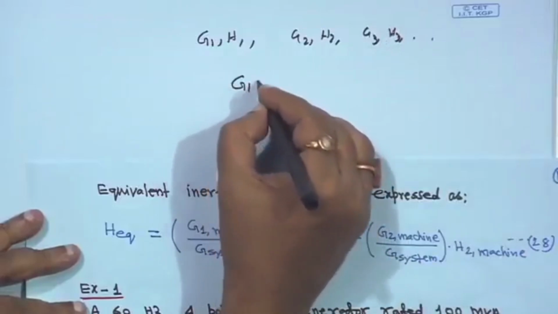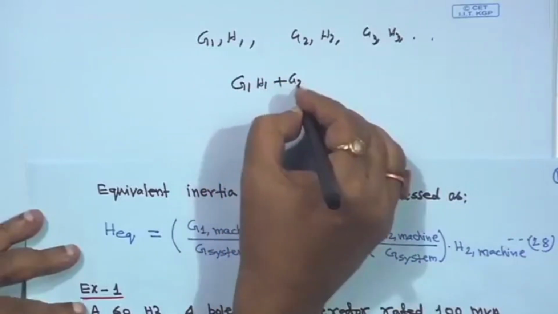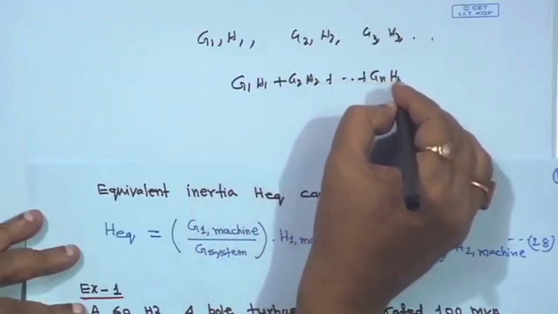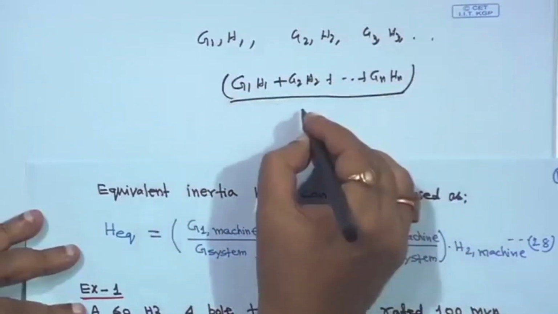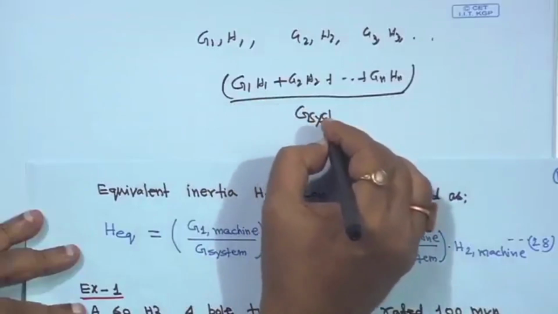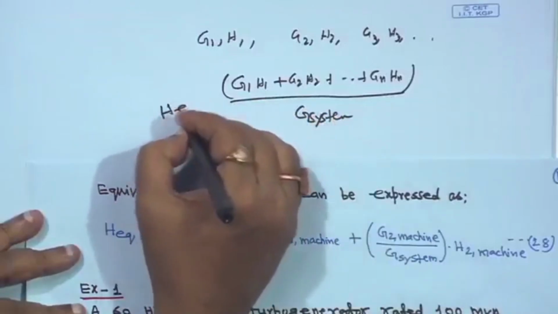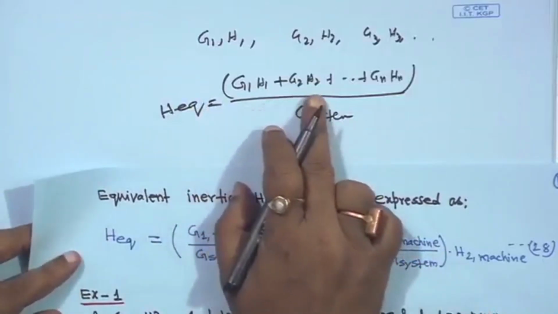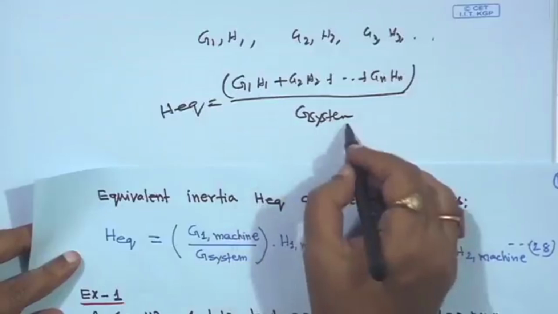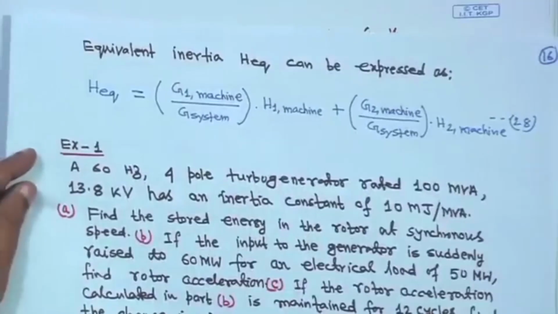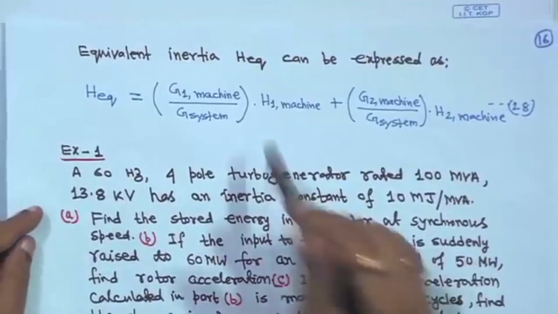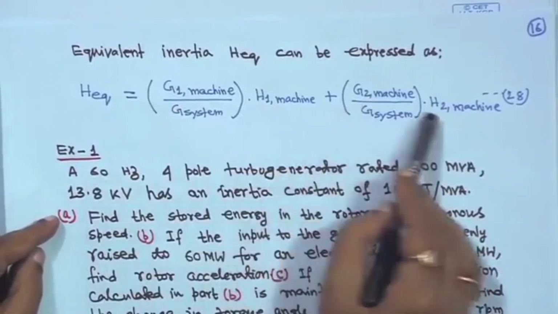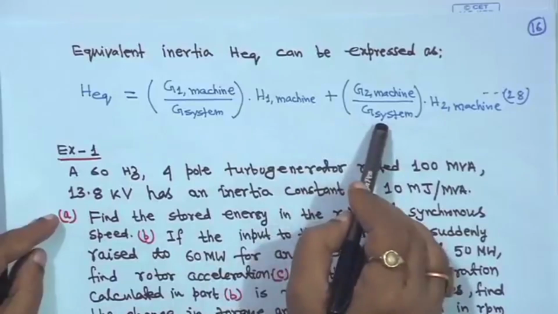Then G1 H1 plus G2 H2 up to Gn Hn divided by your system base G system, and that is H Eq. Similarly here also you can see G1 H1 plus G2 H2 divided by the G system.